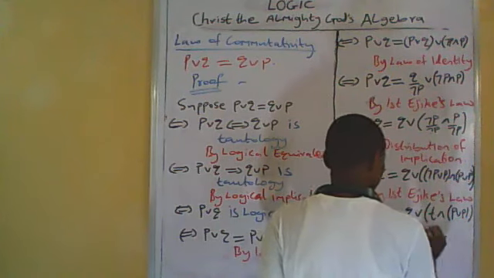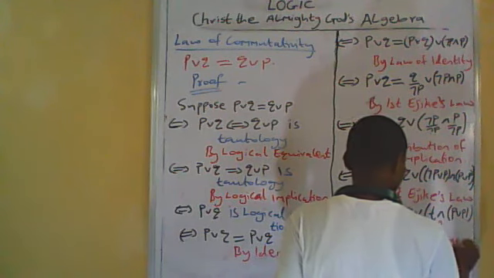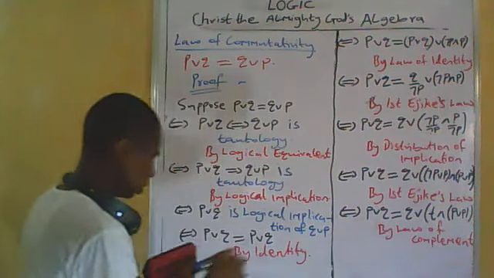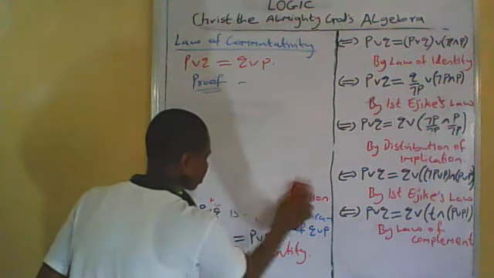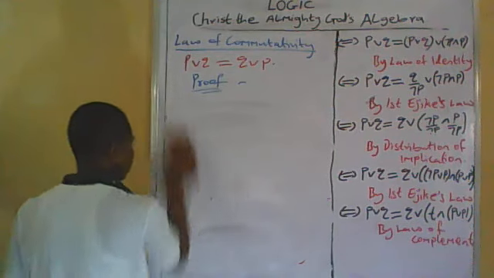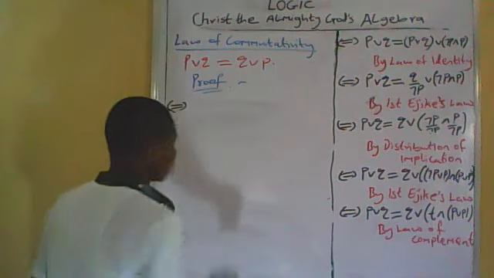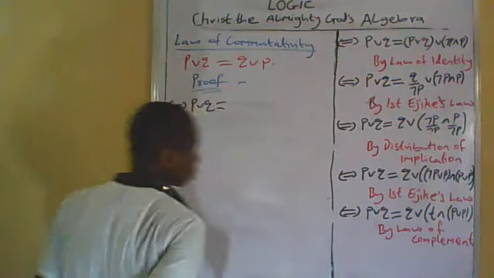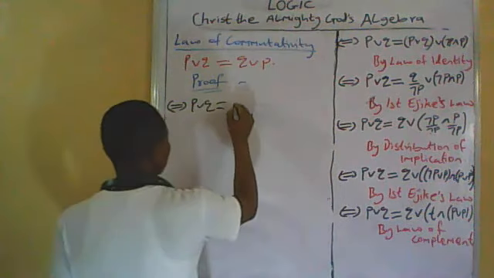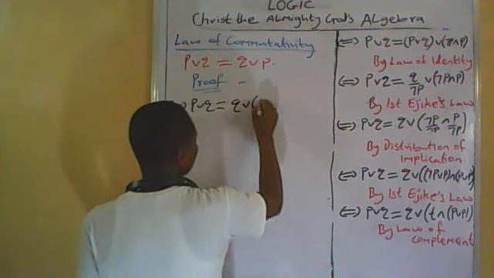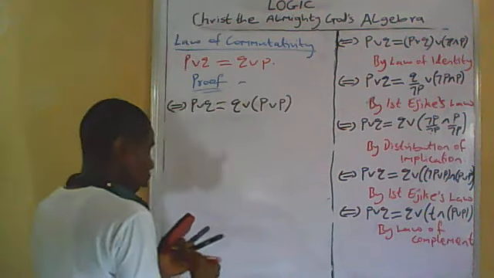By law of complement. We continue here. So if and only if P or Q is equal to, you see that when this tautology is anded with any term it is that term, that means we have Q or bracket P or P, being justified by law of identity.